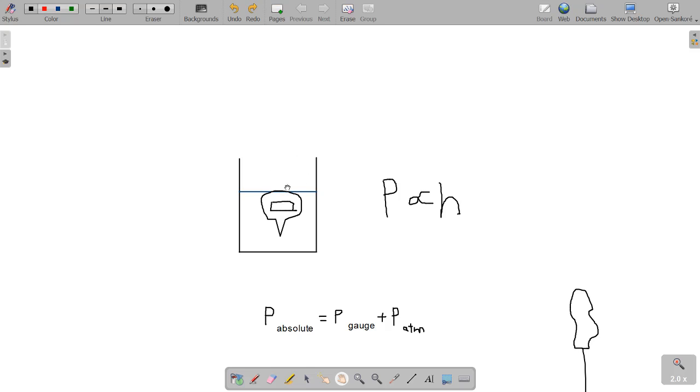Assuming there's gravity but no atmosphere at all, the water level would probably be much higher, but the absolute pressure would be much lower.